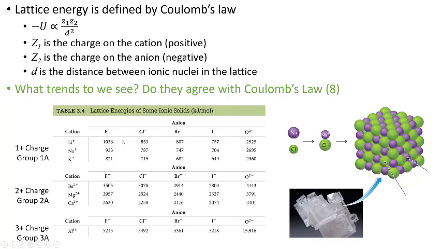And then this first group talks about our 1+ group of cations, our 2+ group of cations, and then aluminum for a 3+. I invite you to pause the video here and pull out some of these general trends and see if they agree with the lattice energy equation defined by Coulomb's law.